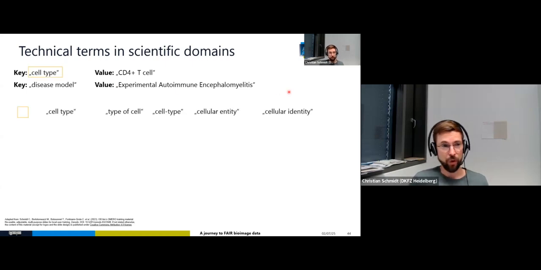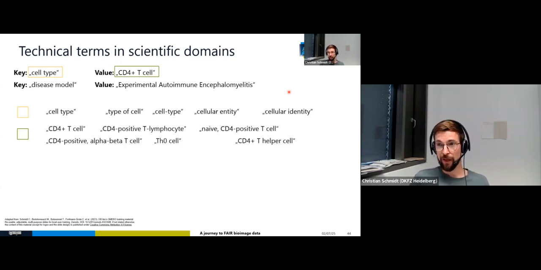Well, someone else talking about the same things might not talk of a cell type, or maybe a type of cell, or the cellular entity, or the cellular identity. And the same goes true for the actual value. So is it a CD4 plus T cell, or is it a CD4 positive T lymphocyte, or is it even more specifically a naive CD4 positive T cell, etc. So that there are different ways of how I could describe my data.